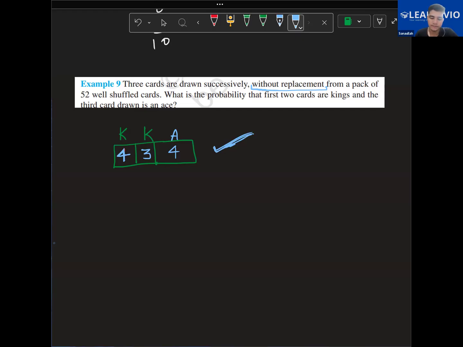Now you know that 4 upon 52, 3 upon what? 51. 51 into 4 upon 50. 50, right?